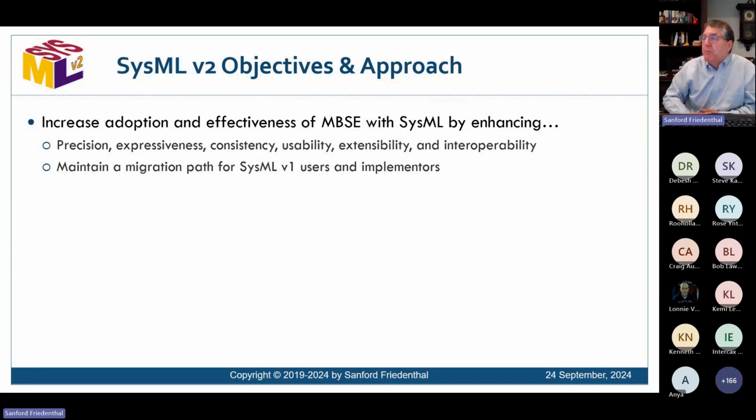In order to do that, the goals were around improving the precision of the language, making it less ambiguous relative to v1, making it much more expressive to address new concepts such as variant modeling concepts, ensuring its consistency and regularity across the language, and ensuring that the language is more usable.